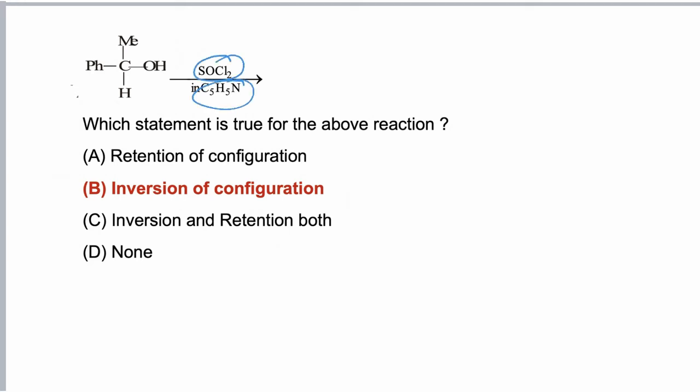When SOCl2 and pyridine are taken together, the reaction takes place by SN2 mechanism, and if the mechanism is SN2, the product is formed with inversion of configuration. So the product with inverted configuration is obtained, and hence the correct answer is B.